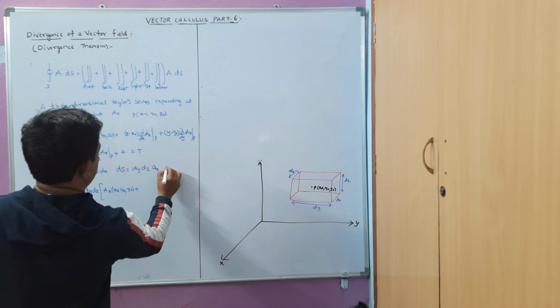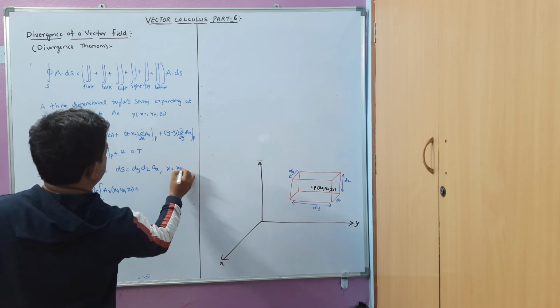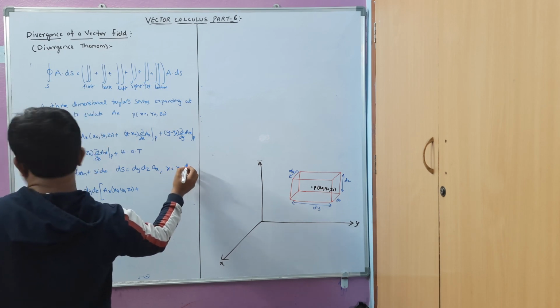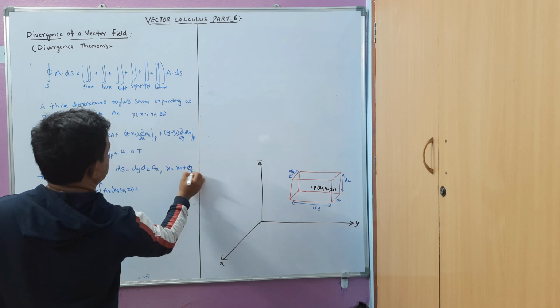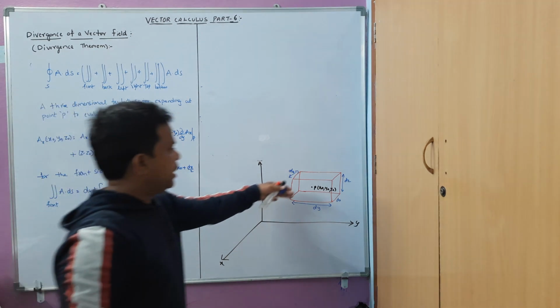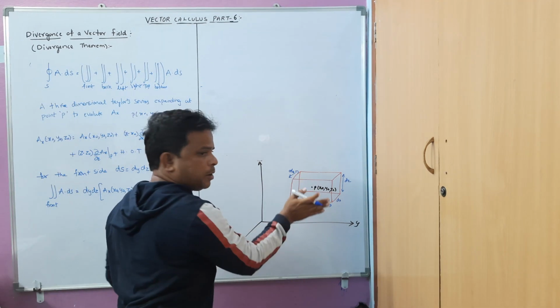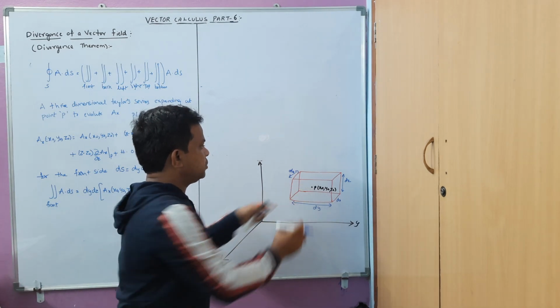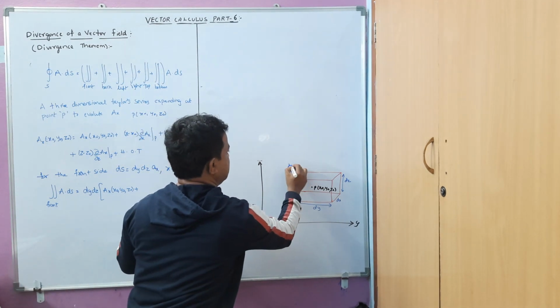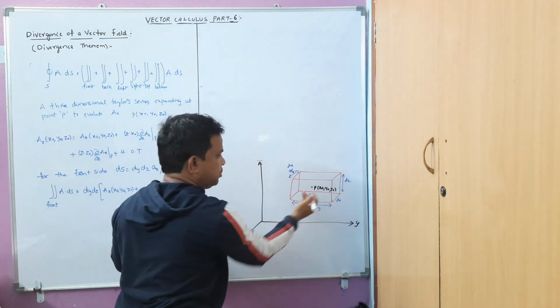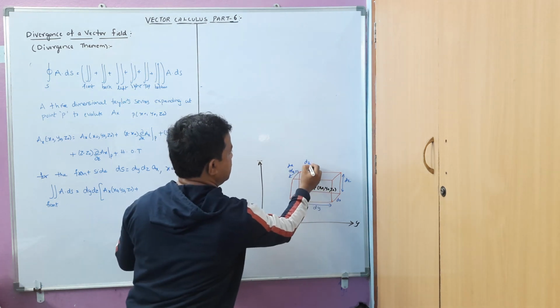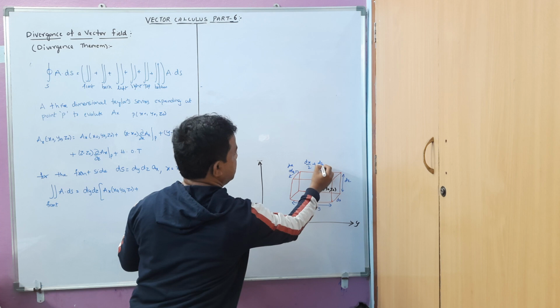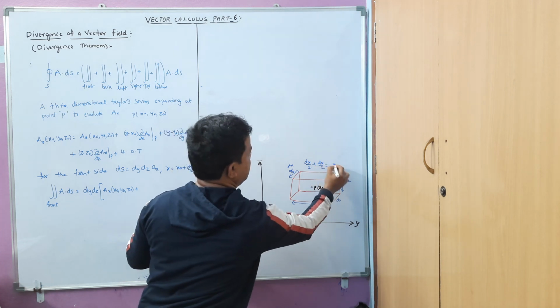for x equal to x naught plus dx by 2. Now you can see this point approaching the surface, so the entire thing is dx: dx by 2 plus dx by 2, totally dx.